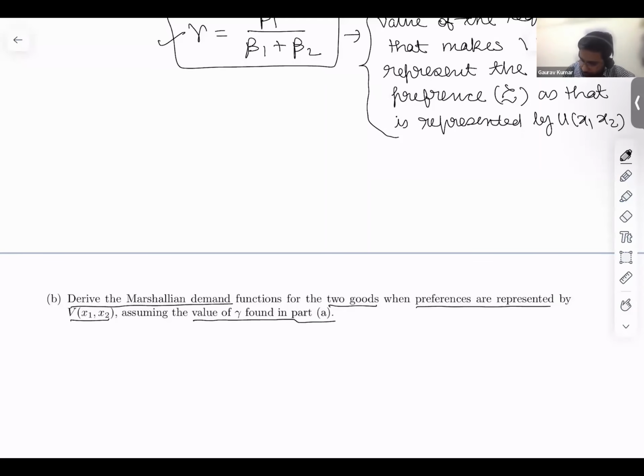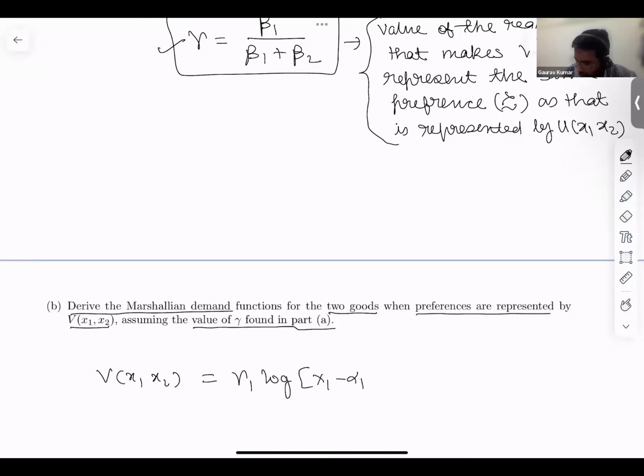So we have to assume our utility function now as, just one second, let me see what the utility function is. Yeah, it's gamma 1 log of x1 minus alpha 1 plus 1 minus gamma log of x2 minus alpha 2.